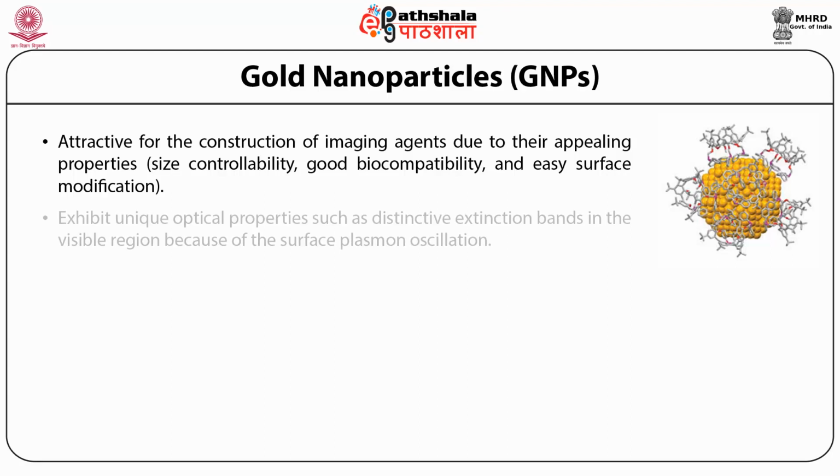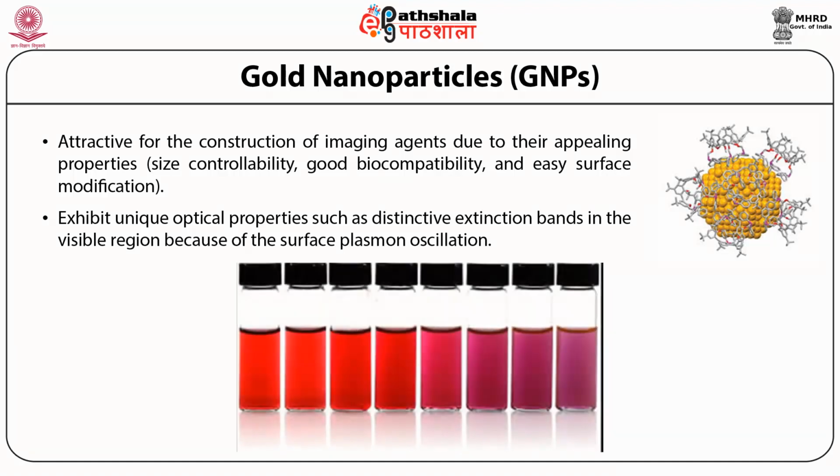Gold nanoparticles exhibit unique optical properties such as distinctive extinction bands in the visible region because of the surface plasmon oscillation. The fluorescent color exhibited by these gold nanoparticles is dependent on their size. Small gold nanoparticles, about 30 nanometers, exhibit blue fluorescence, and as the size increases, the fluorescence wavelength increases and it appears red, as shown in the figure.